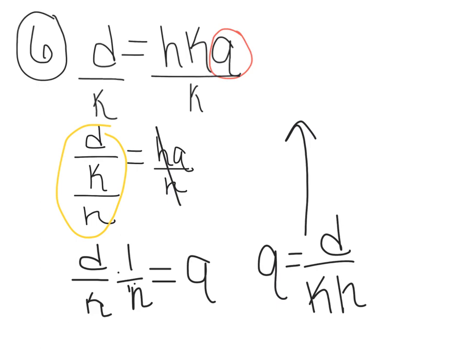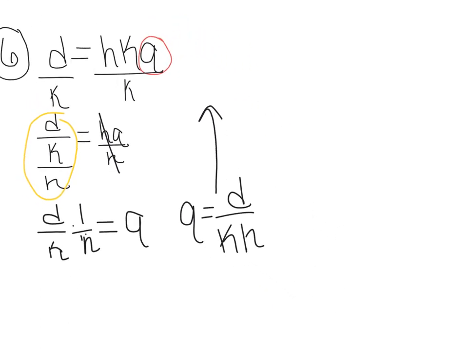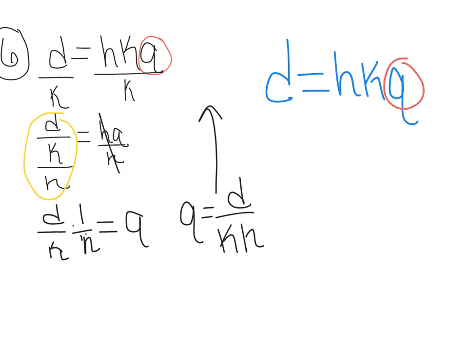I'm going to redo this problem, and I'm going to do it a little bit simpler. So let's look at this one more time. I'll do it in blue so you can see it's different. So this time, again, d equals h, k, q. I want to solve for my q still. Instead of dividing separately, I'm multiplying by h and k.